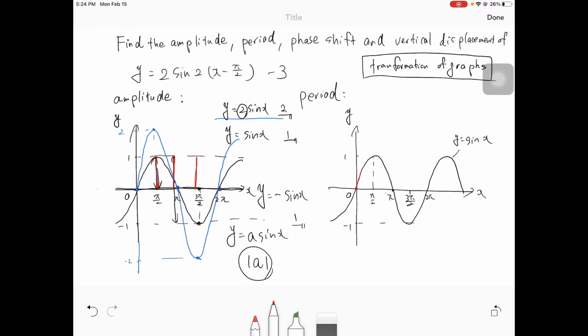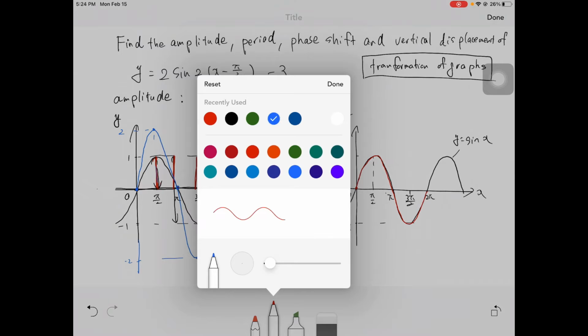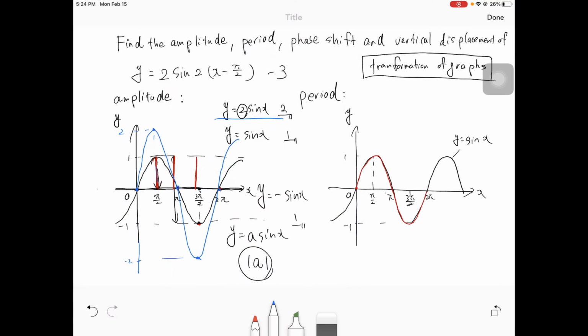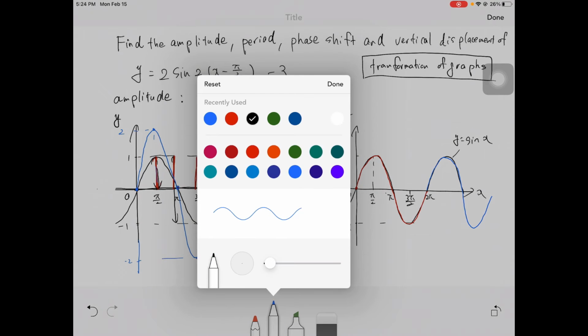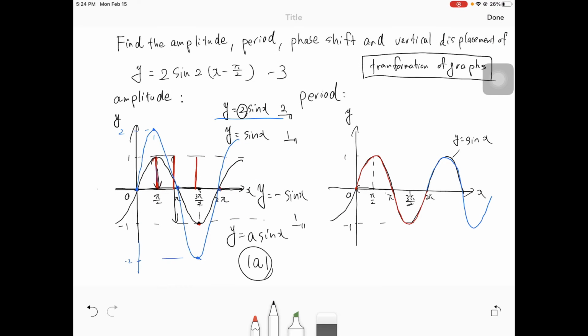You can start from anywhere, but this graph has this one so many times. It will continue endlessly. The length of this small interval, I mean here or here, is called period.